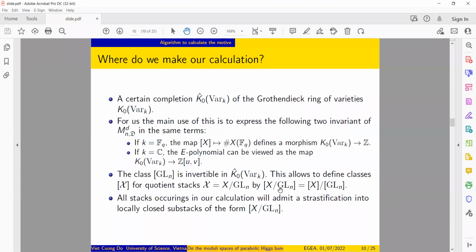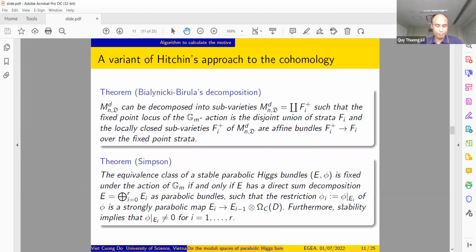We have the equivariant stack X over GL_n, and we want to have some kind of class divided by the class of GL_n. Okay, so your definition of the Grothendieck ring is somewhat different from the Grothendieck ring of varieties. Okay. Thank you.